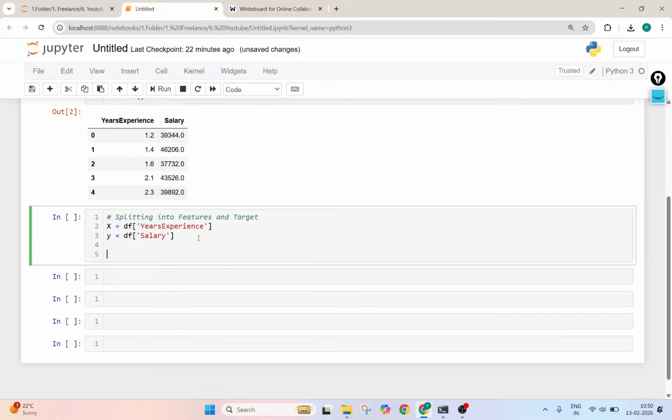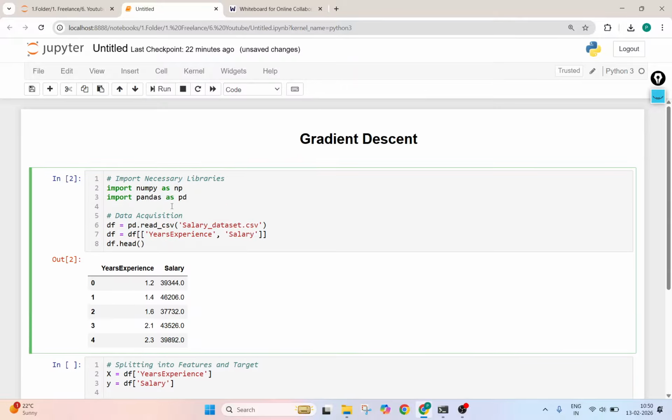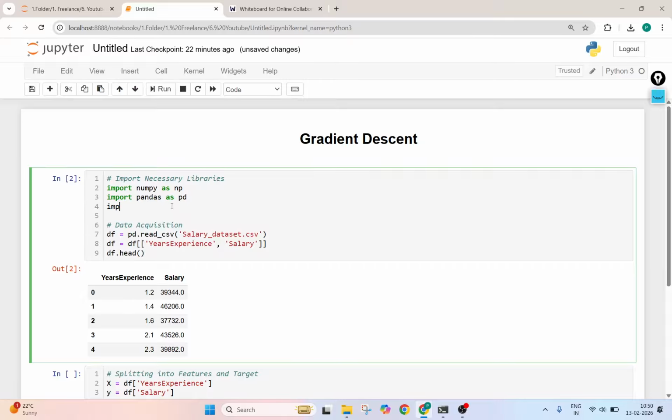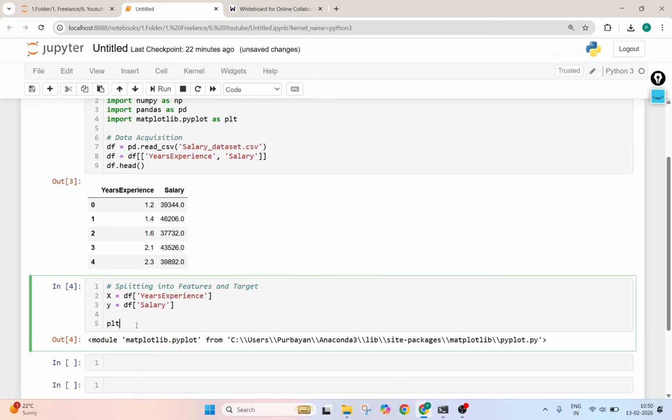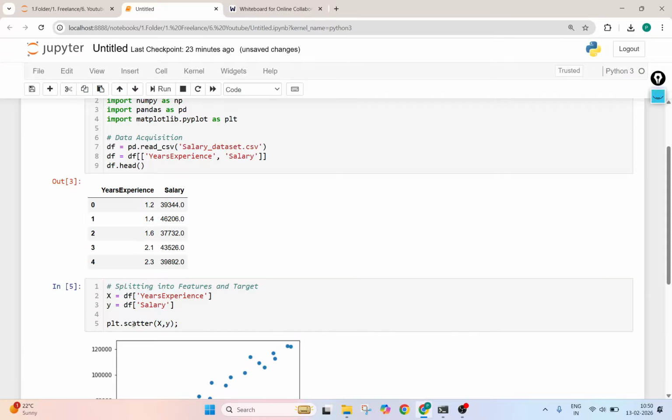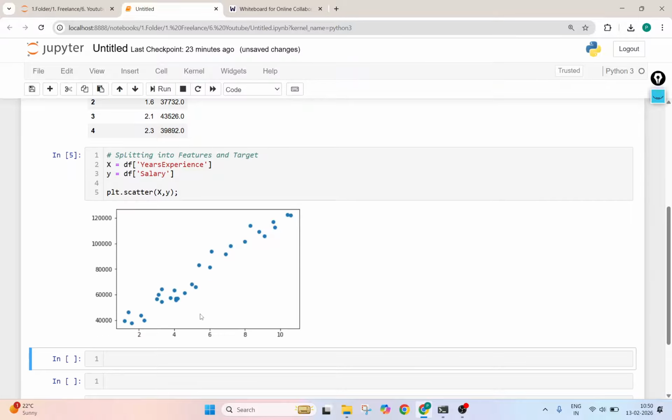Great. Now, what I want to do is plot this. So I also need to import matplotlib. Okay. So we get a very linear line.